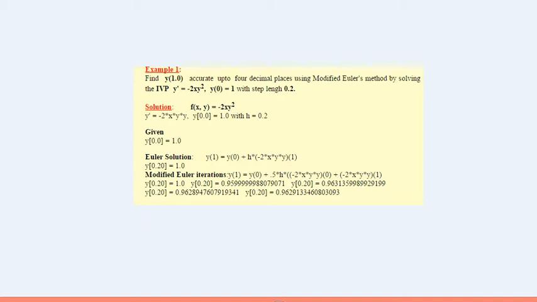We solve the whole equation and we get the answer y(0.2) = 1. So we use this and put it in the modified Euler's iterations.